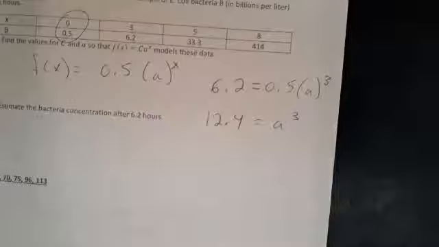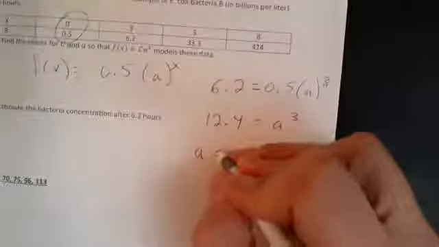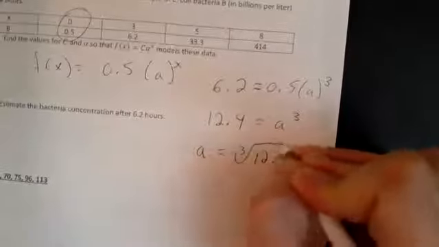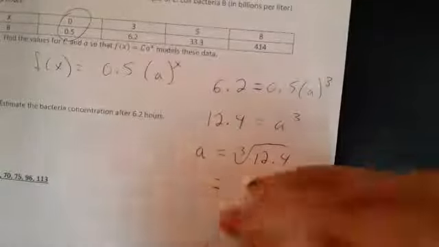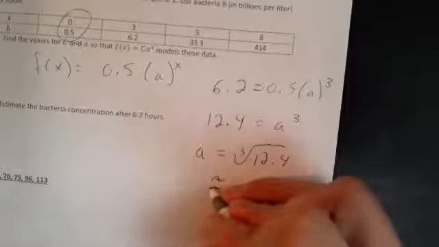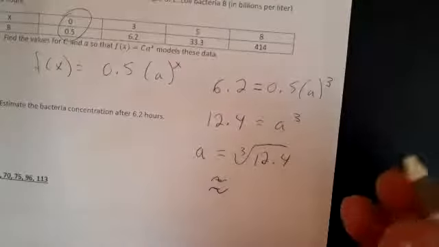And if I have A to the third is equal to 12.4, the thing I want to do to get rid of that third is to take a cube root. So A is going to be the cube root of 12.4. And so at this point, I'm hoping you're grabbing a calculator, and I'm rounding this, so I'll write the little squigglies. It's approximately 2.315.